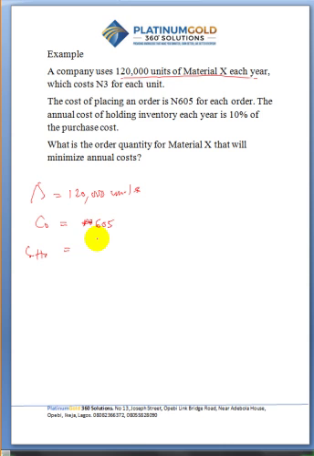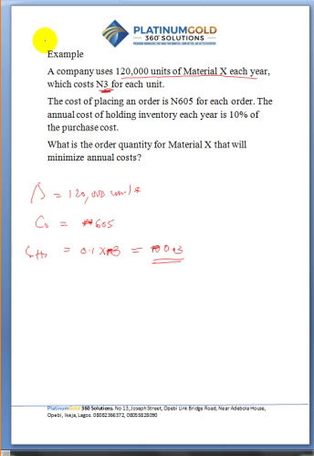The annual cost of holding inventory each year is 10% of the purchase cost, which is 0.1 times the purchase cost per unit of 3 naira. So 0.1 times 3, that is 0.3.